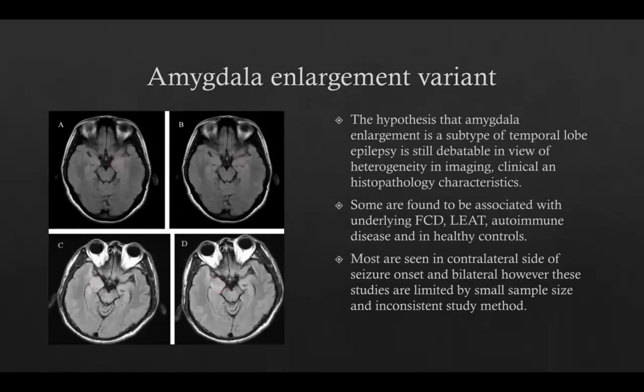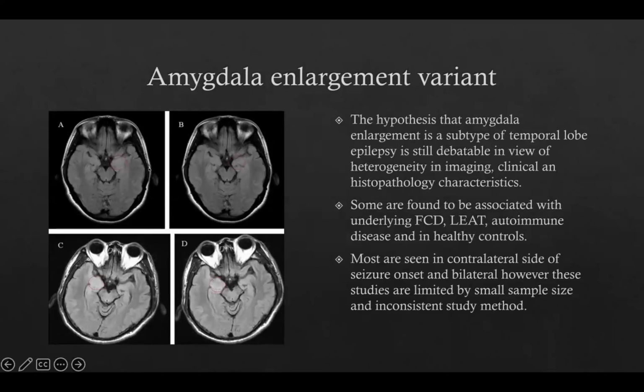Okay, if you look into the literature, you might come across the amygdala enlargement variant, but this is still debatable because there is heterogeneity in imaging, clinical, and histopathological characteristics.